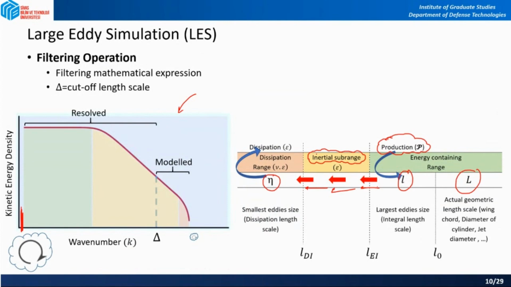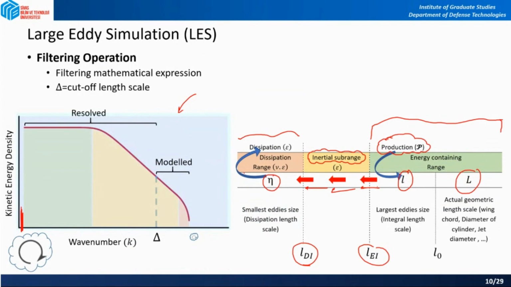So we call some length as LDI, and we call some length as LEI. And we have the dissipation range as you see in here. This is the dissipation range, and on the other hand, we have the energy containing range. So this is the energy containing.